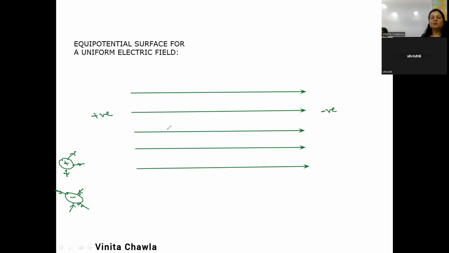Okay, so how do we draw an equipotential surface? As we have discussed, equipotential surfaces are always perpendicular to the electric field lines. तो कैसे ड्रॉ करेंगे इक्विपोटेंशियल सरफेस? बताओ कैसे करेंगे? ऐसे. So these are equipotential surfaces.